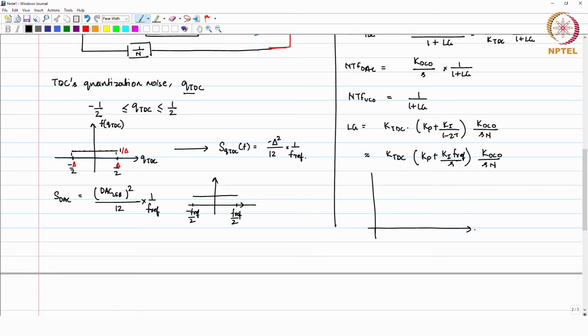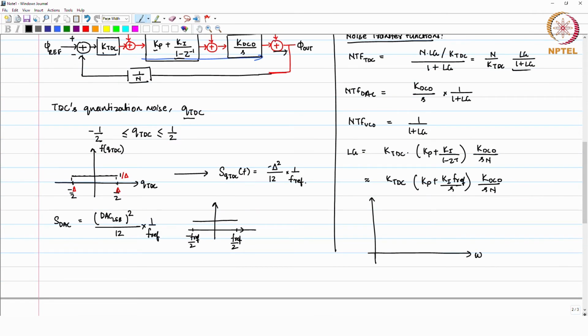You have omega here and the NTF of the transfer functions. This is loop gain by 1 plus loop gain, which is going to be low pass. The N by K_TDC factor is there, that is fine. This is low pass, and I can write this as NTF of TDC. NTF of VCO is high pass, and that is 1 by 1 plus loop gain. So, it is going to be something like this.